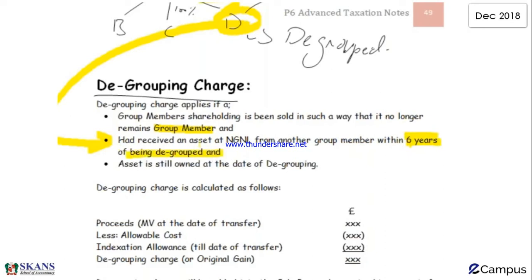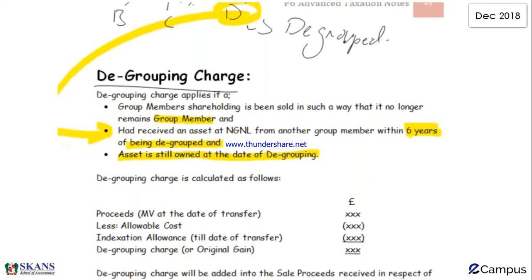So from today backward, the day when it is becoming degrouped, if it had received a no gain no loss transfer within 6 years before this date, we have a problem. And we are certain that we have a problem if the asset is still owned by D Limited at the date of degrouping. In this case, we must calculate the degrouping charge.